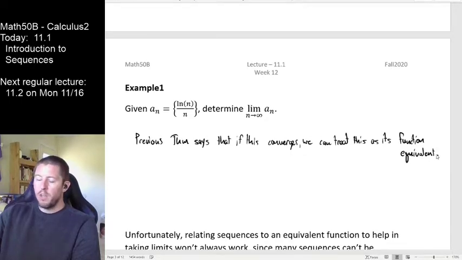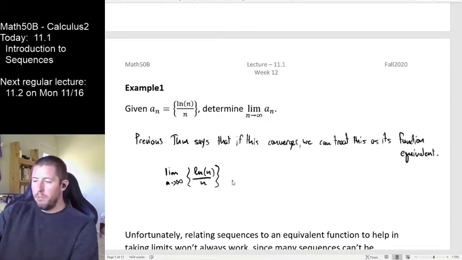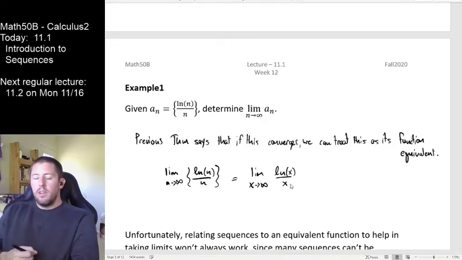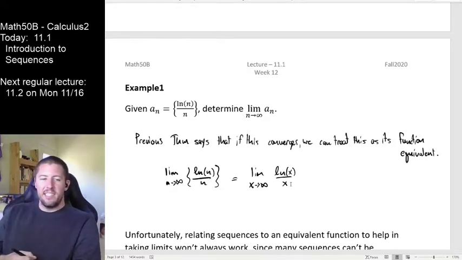So we can treat this as the function equivalent. What that says is that the limit as n goes to infinity of the sequence natural log of n over n should be equal to the limit as x goes to infinity of the natural log of x over x. The letter change from n to x is trivial here.